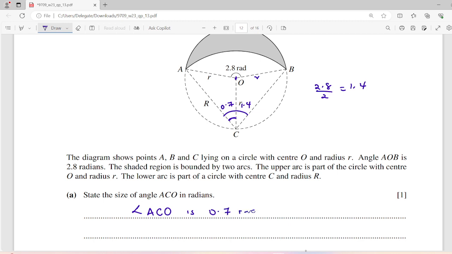So there was no working for that. You needed to use the circle theorem, that the arc subtends at the center 2 times the angle it makes at the circumference, and you'll be able to get that rightly.